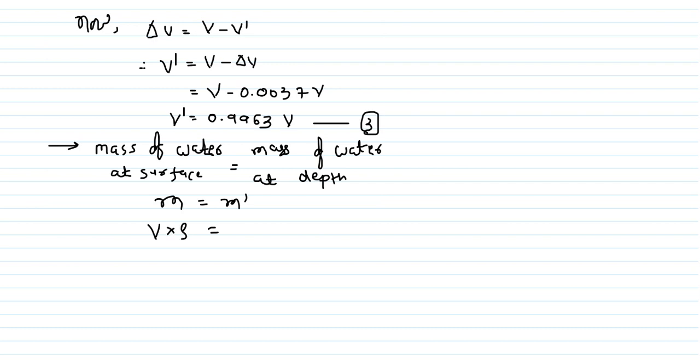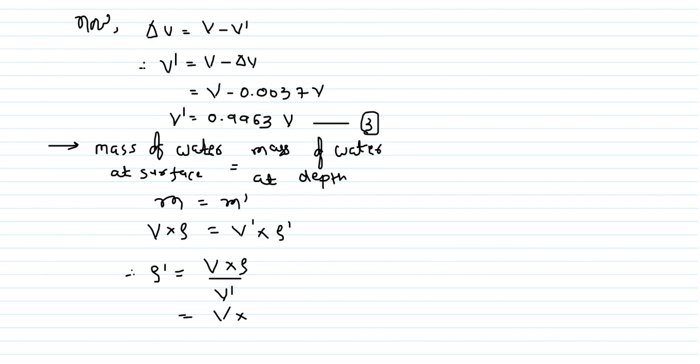Now mass is volume into density, so V dash into rho dash. What you want to find is rho dash. Rho dash is V into rho upon V dash.